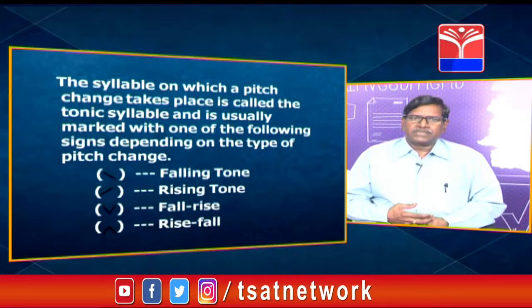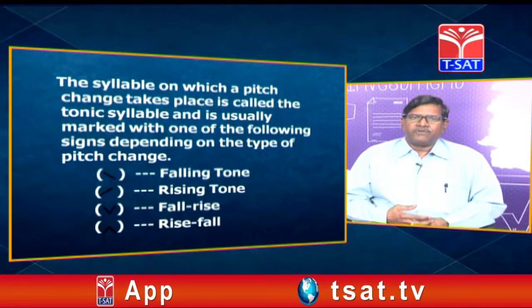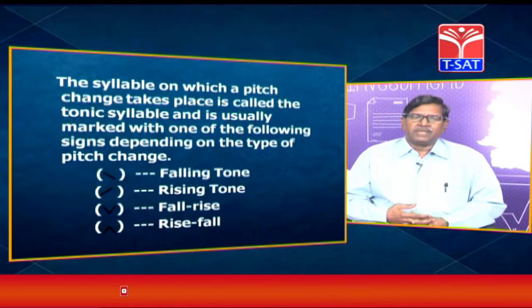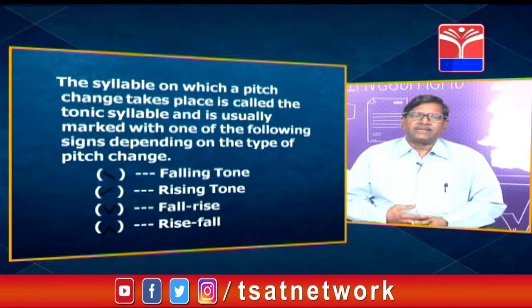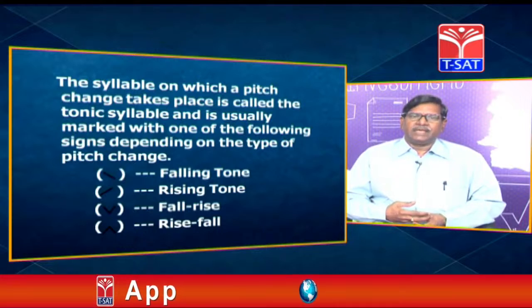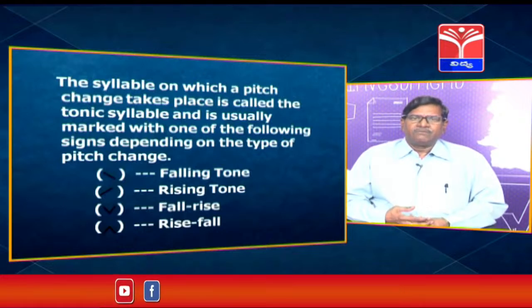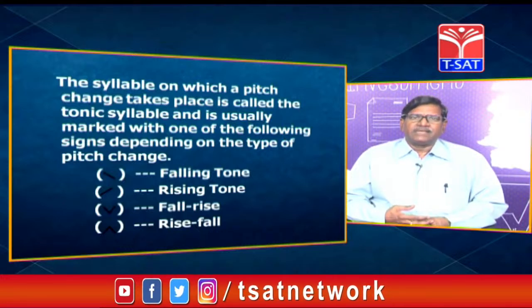In the case of a tonic syllable, if a falling tone is to be used, it should be slanted like this, as shown there. And if it is a rising tone, again it is shown there. Fall, rise, rise-fall, fall-rise. That way, 4 types of pitch changes we can notice in the case of English.